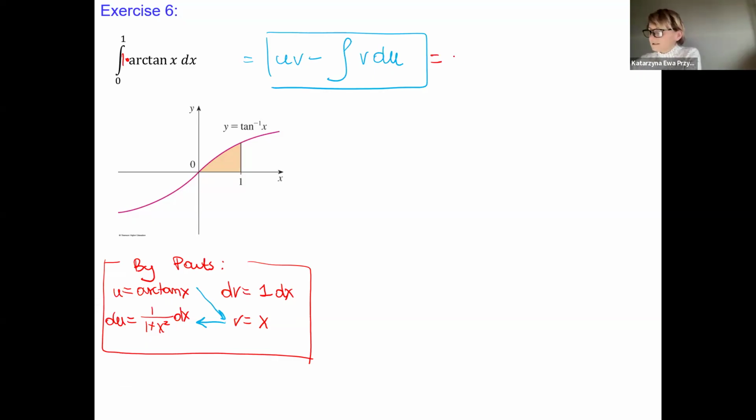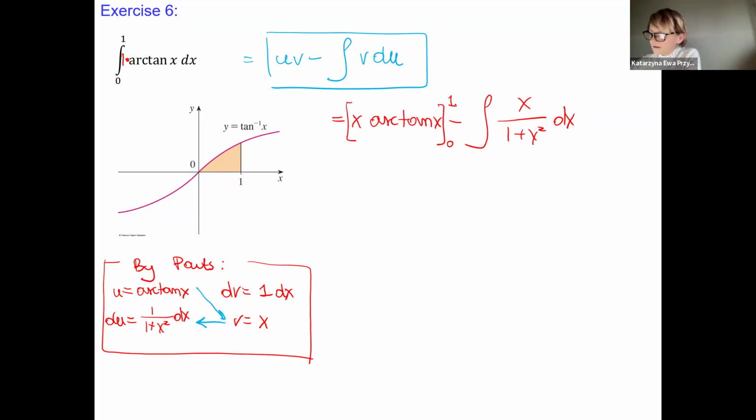Okay, let's do this one. That's what it will be: x arctangent of x. Now, let's maybe do here, because we will need maybe more room. x arctangent of x minus integral of x times 1 over 1 plus x squared dx.